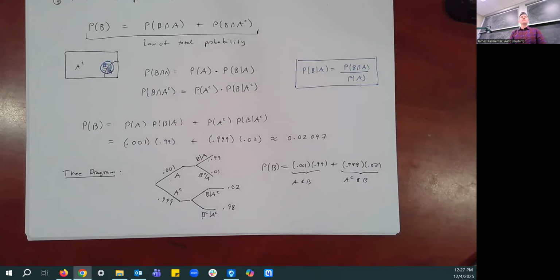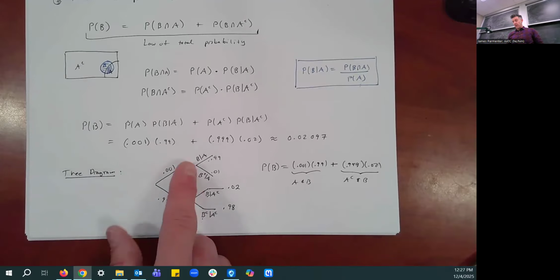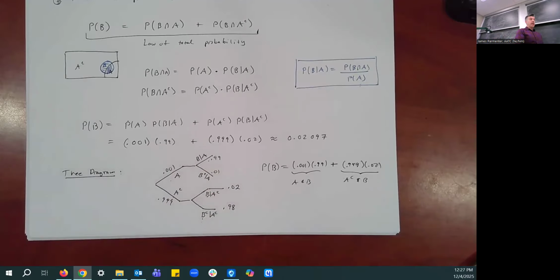No, so we can use, I mean, there are other examples that are also nice to use this diagram for, but it is often used in situations where you have conditional probabilities, where you're talking about the probability of something happening given that something else has already happened. So I'd say they're useful when you have a conditional probability kind of situation.